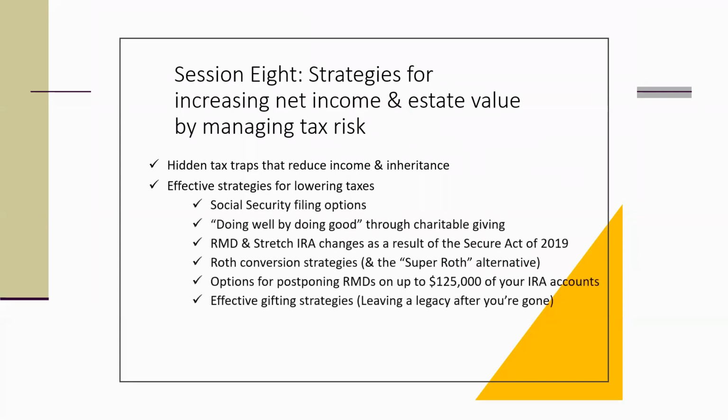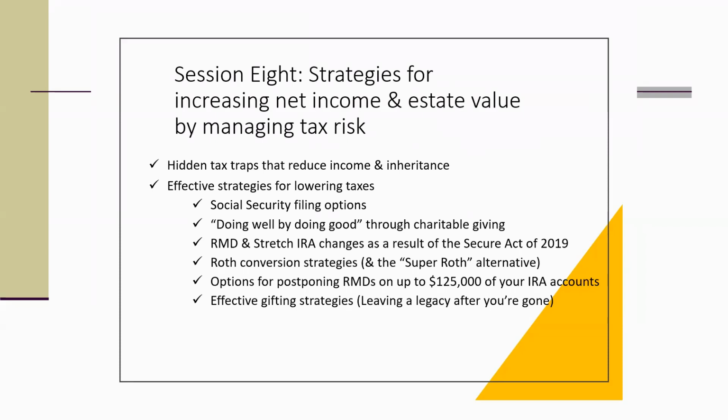These include, again, some of the things that we discussed, like Social Security filing options. But we're also going to look at strategies that include a charitable giving component. So if you're inclined to want to contribute to your community and certain charities, you can actually use this to your advantage by what I call doing well by doing good.